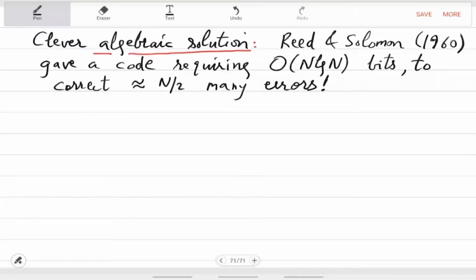efficient and optimal. Sir, in the channel, when we send n bits, then the error was t. So suppose t is n by 3. Now if we send 2n bits, would the error still be n by 3 or would it become 2n by 3? No, no, we think of it as a percentage. It's a density guarantee. So basically every bit has a probability of getting corrupted.